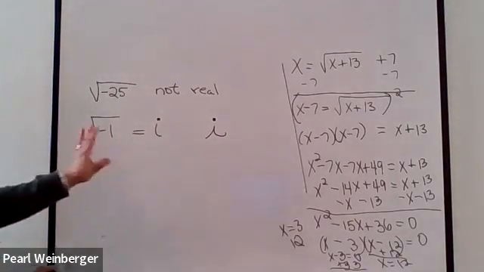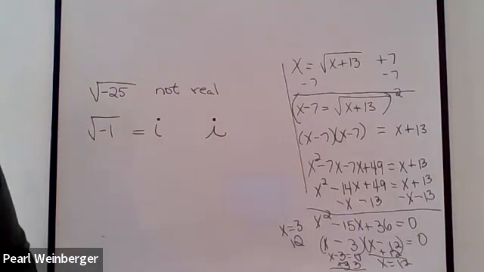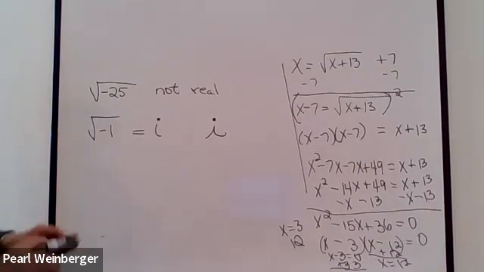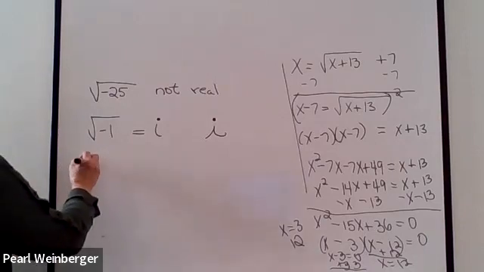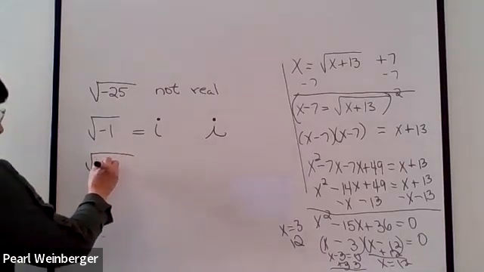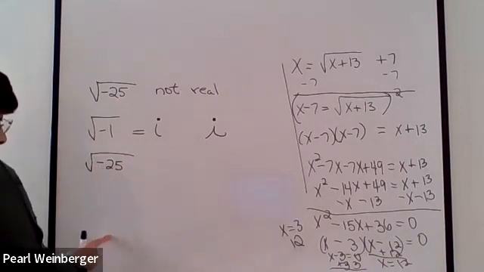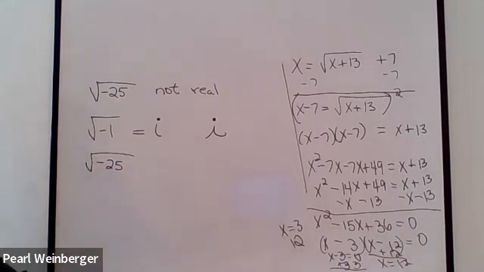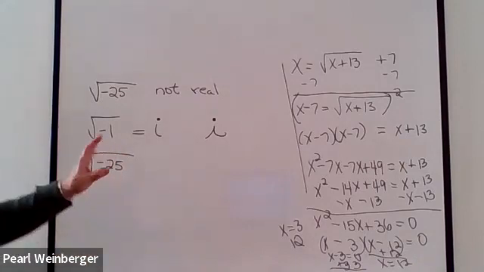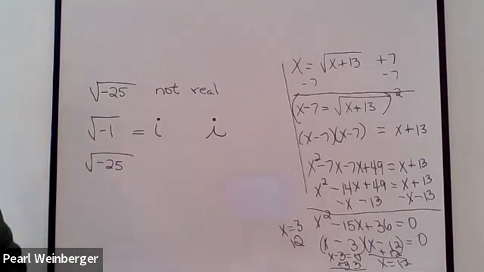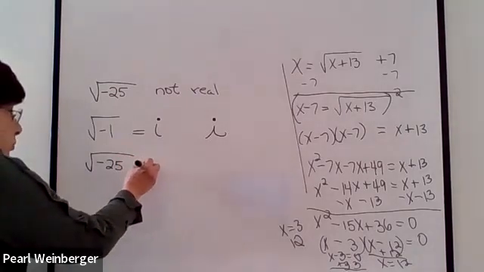Okay. So we have this new number. Let's see what happens when we start working with numbers that involve this new number. Well, let's first look at something like the square root of -25. We know from before that we can simplify radicals. Remember, this is a regular radical sign. And we know we can simplify radicals by breaking them up into 2 pieces.